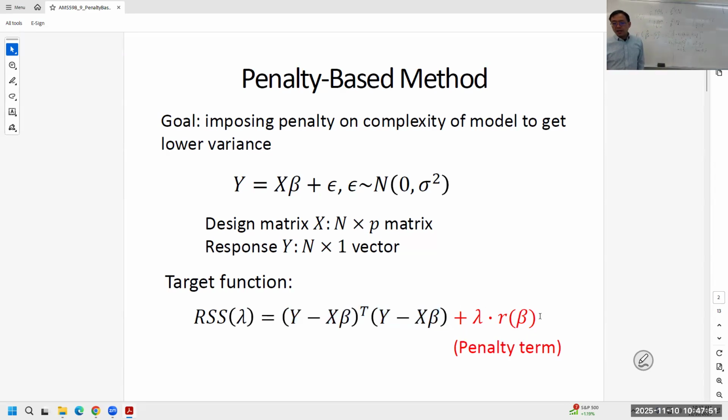If you add a penalty term into the target function, then the beta estimation you get from minimizing this function, we call beta tilde. This beta tilde is no longer unbiased. It becomes a biased estimation, so this term is no longer 0.